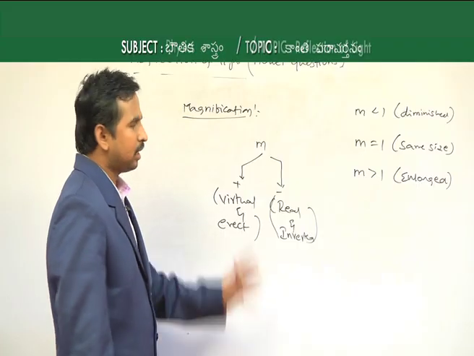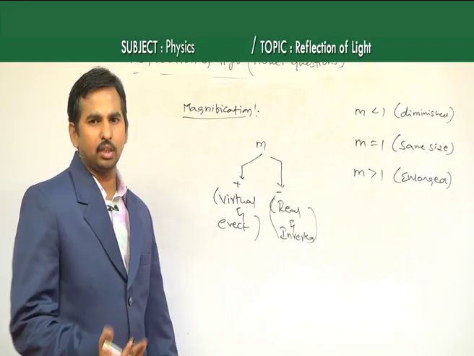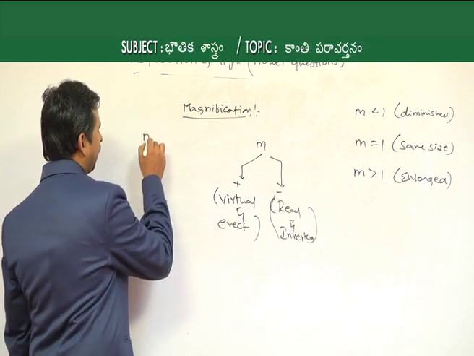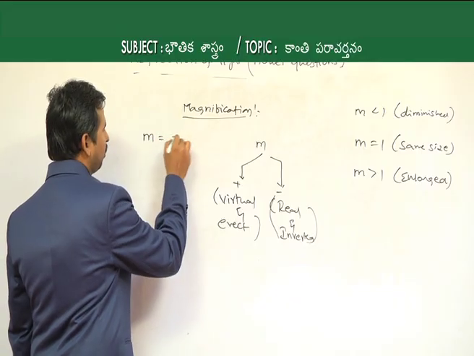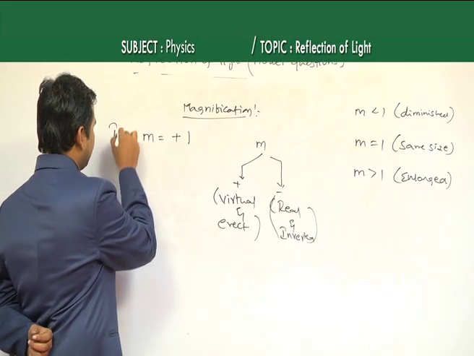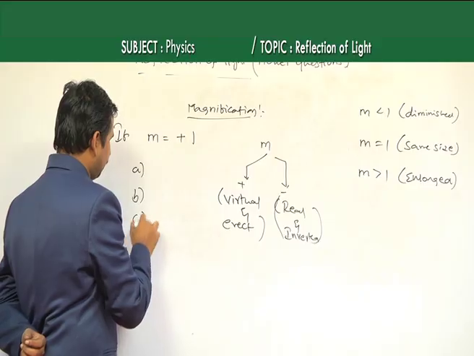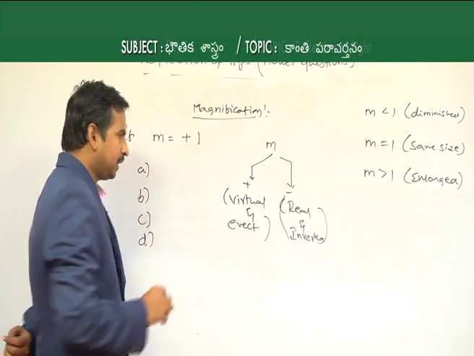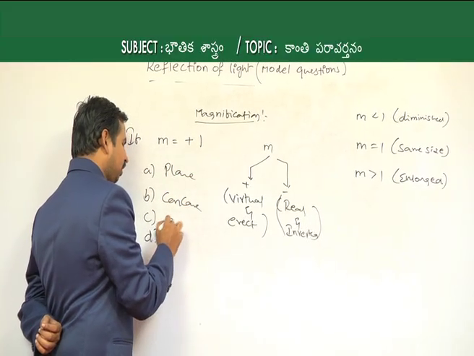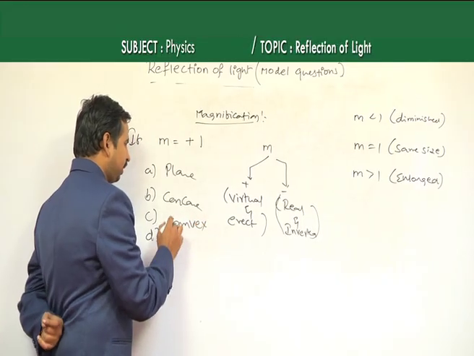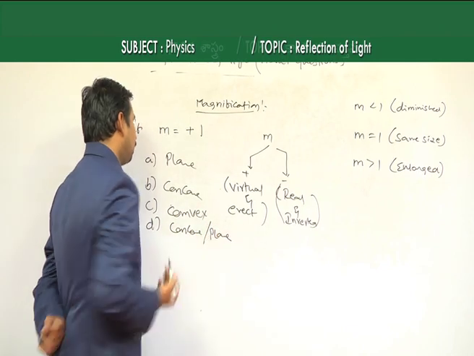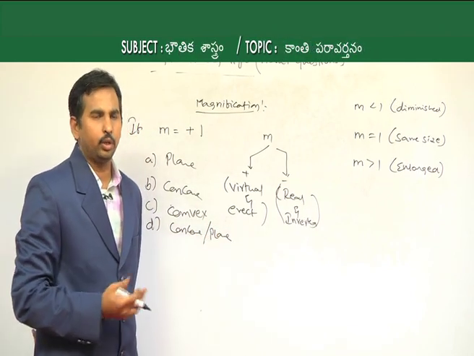For example, in a question they give that by using a mirror, when you are seeing through that mirror, you got a magnified image, with m equal to plus 1. If m is equal to plus 1, what are the possibilities? Options A, B, C, D again: we can take a plane mirror, a concave mirror, or a convex mirror.